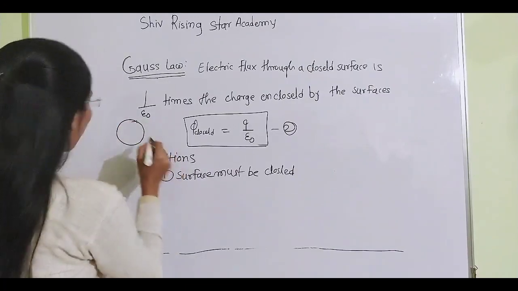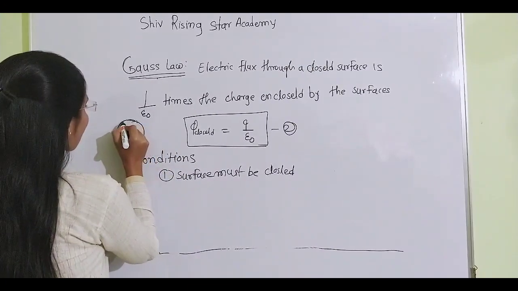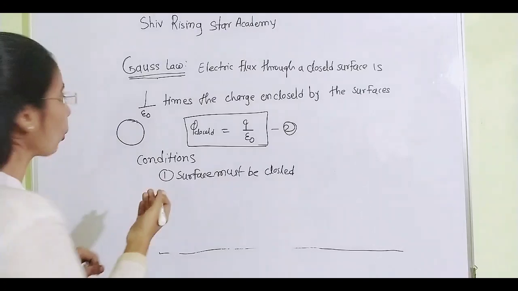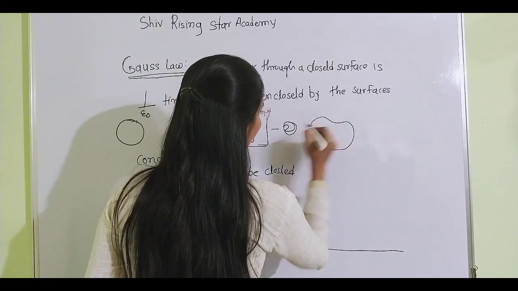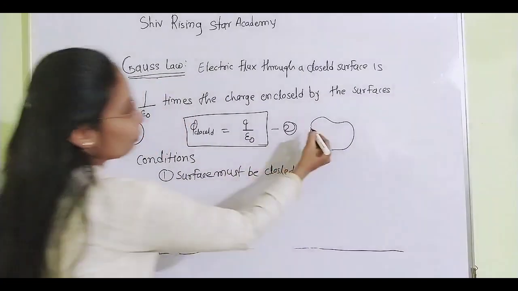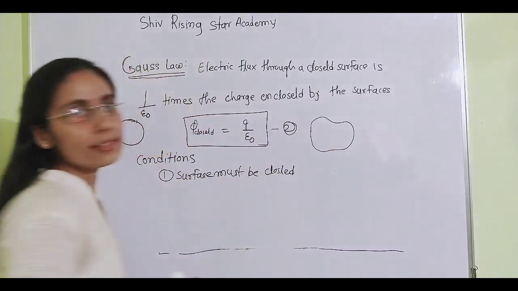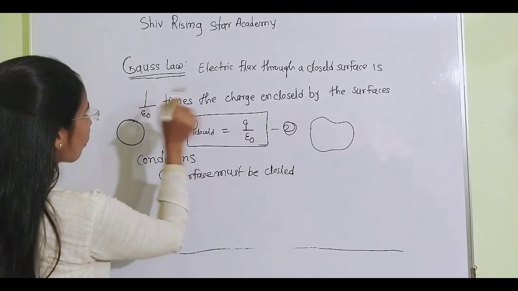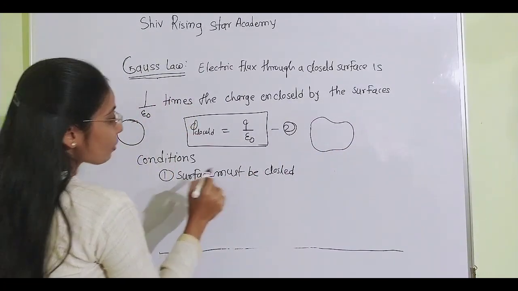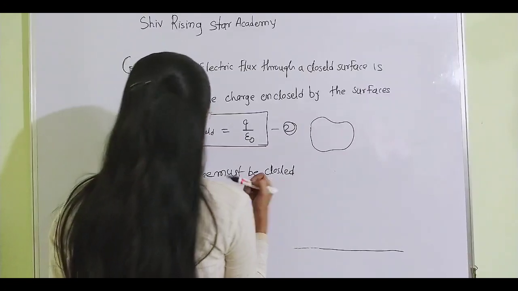So we can apply Gauss's law on this sphere because this is a closed surface. Suppose this is a rigid body and this is closed. So we can apply Gauss's law on this rigid body because this is a closed surface. That is the condition for Gauss's law, that the surface must be closed.